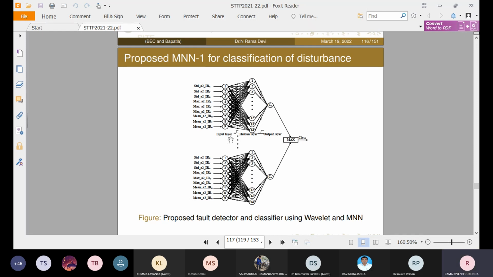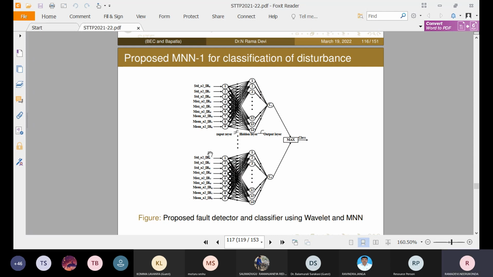So we represent it as 6 modules of FNN, feed forward neural network, and the results of those modules are given to the max of individuals.